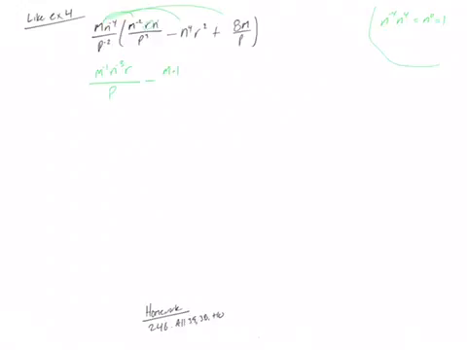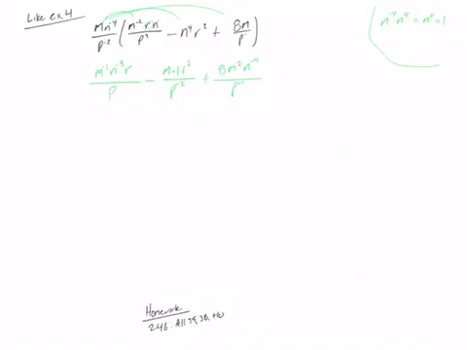And then we have an r squared. On the denominator we have that p to the negative 2. Plus 8 m squareds, n to the negative 4 over p to the negative 2, and this is an exponent of 1, so it's going to be to the negative 1.